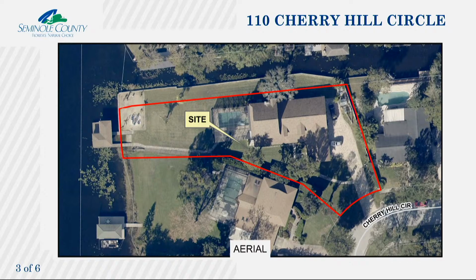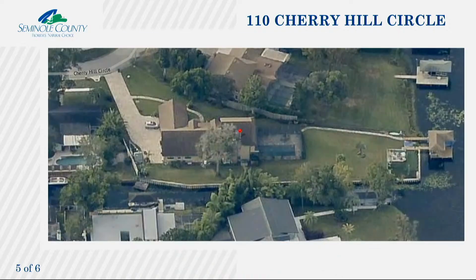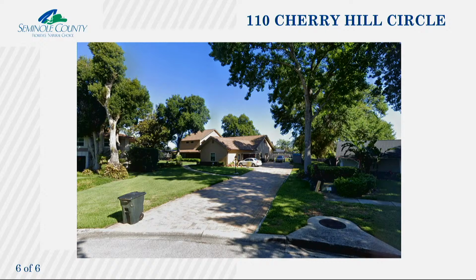The Brantley Harbor Homeowners Association approved the proposed garage addition. 2 letters of support were submitted, one by the directly affected neighbor to the west and one by the neighbor directly to the east. And there have not been any prior variances for the subject property. This concludes my presentation. Thank you. Is the applicant here?